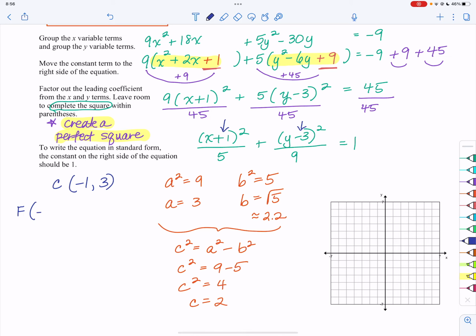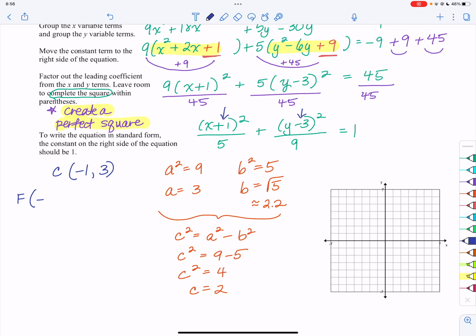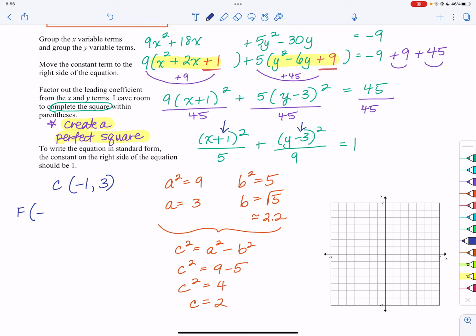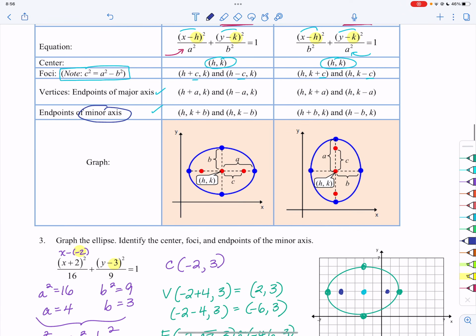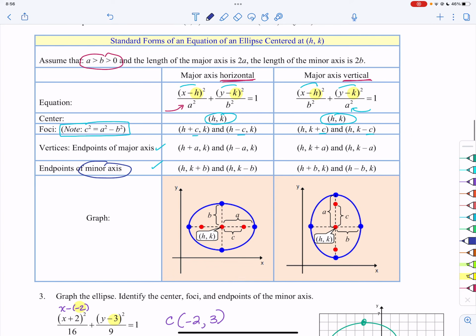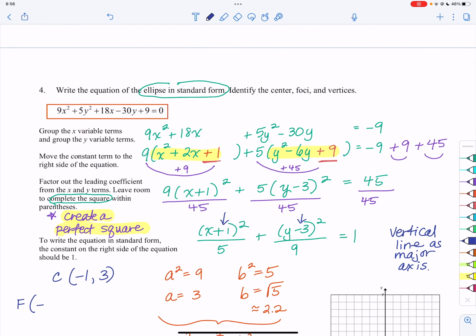And remember, we're going to have our major axis, and that major axis is going to be a vertical line. I think that was written in the definition here: major axis is vertical when that larger number is under the y squared term.